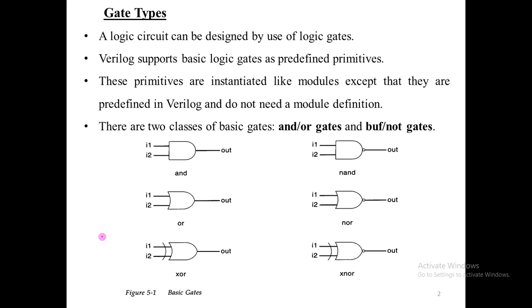Given any circuit, if you want to write HDL code in gate level or structural style of modeling, the lowest subblock that you can arrive at is a gate: AND gate, NAND gate, OR, XOR, XNOR, NOR, or NOT gate.